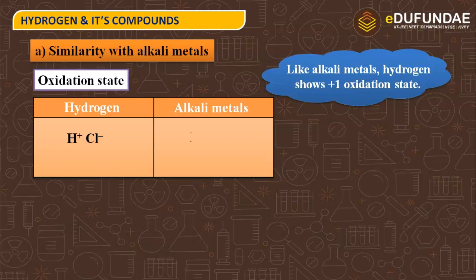Similarly, alkali metals क्या करते हैं? In their compound loses one electron, that electron is gained by the other non-metal. Same is the case in KBr, where potassium is losing one electron and bromine is gaining that electron. Hydrogen, sodium and potassium are showing +1 oxidation state over here.